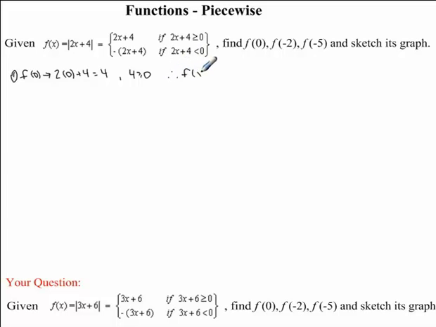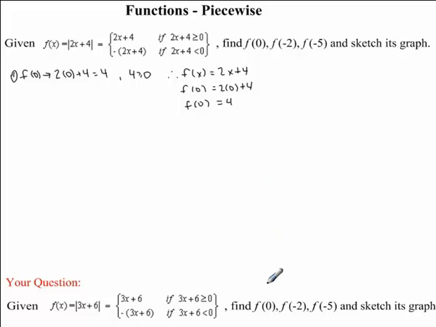Therefore, we want to use f of x is equal to 2x plus 4. Now we need to evaluate this function when x is equal to 0. So f of 0 is equal to 2 times 0 plus 4, which as we solved earlier, we found was equal to 4.